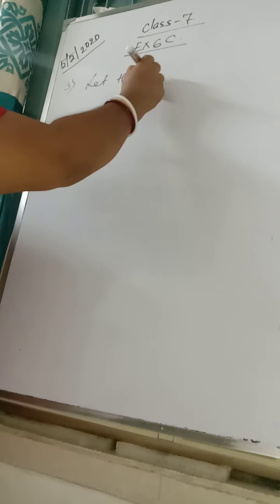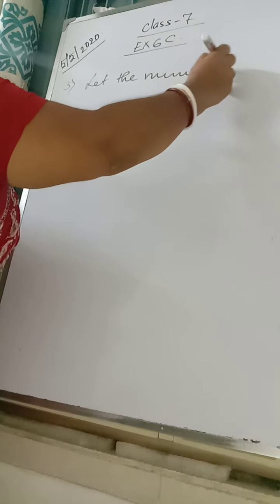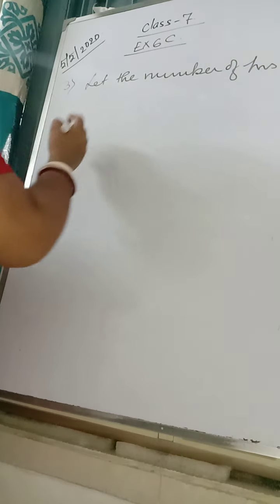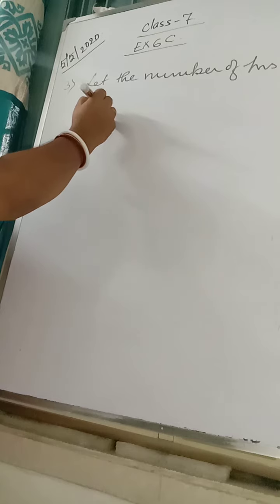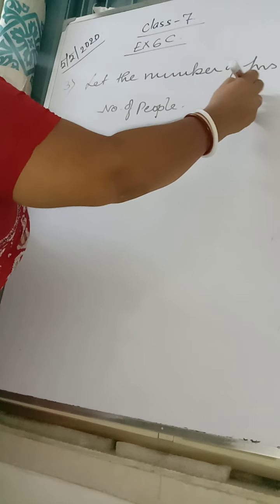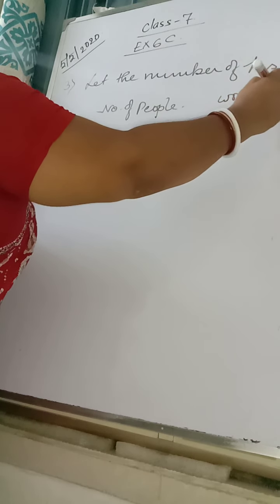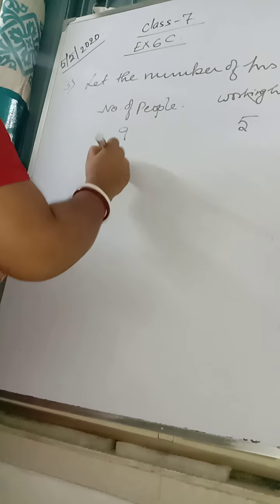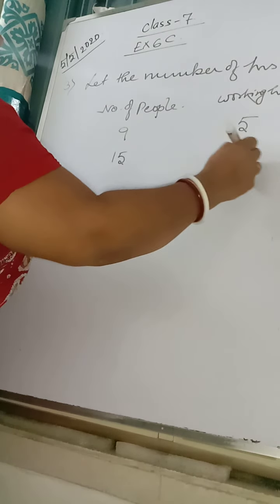See, let the number of hours be X. Number of people, working hours. So 9 people, 5 hours, 15 people, X hours.